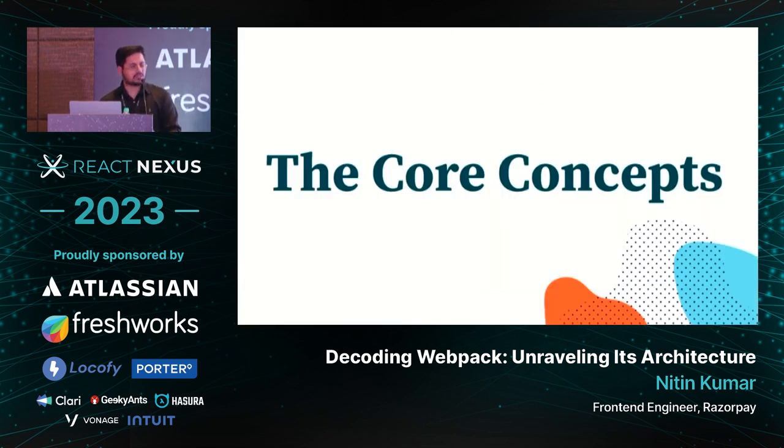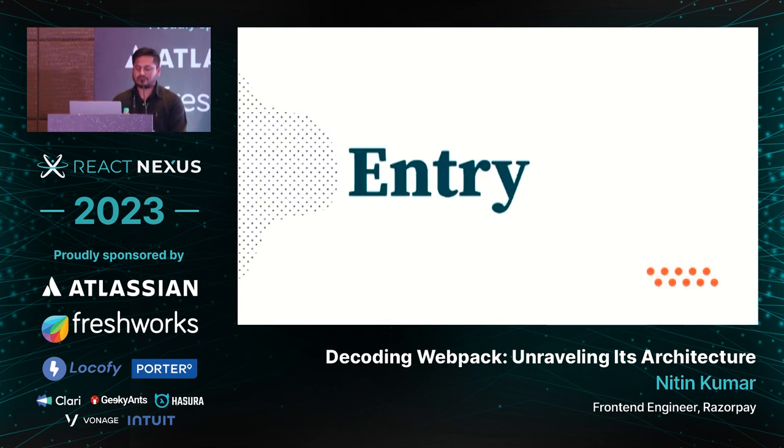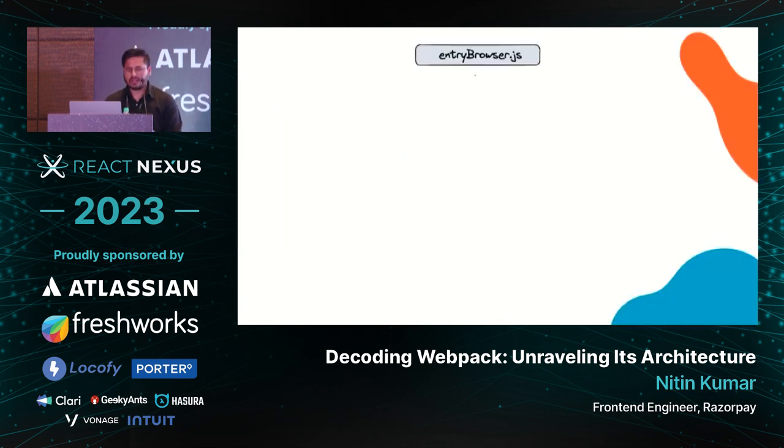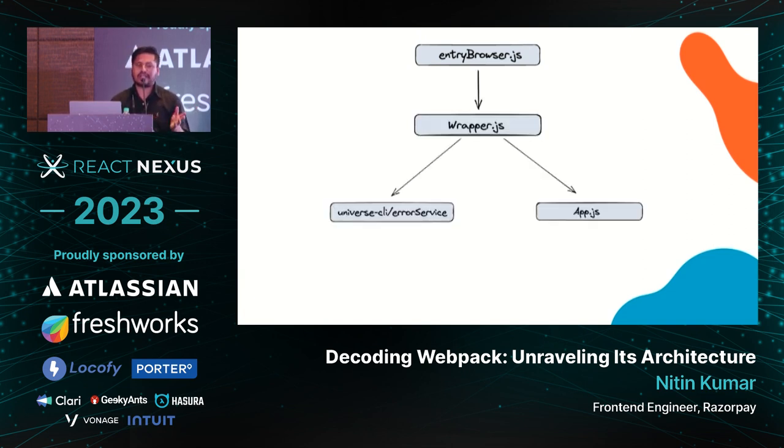So now let's move to the core concepts of Webpack. The first core concept of Webpack is entry. Suppose you have an entry browser.js file, which requires a wrapper.js file, which again depends on different files, say app.js or a node module, universe, error service.